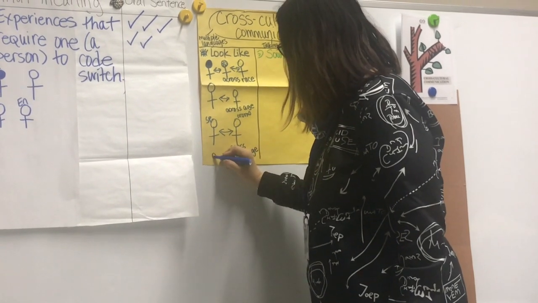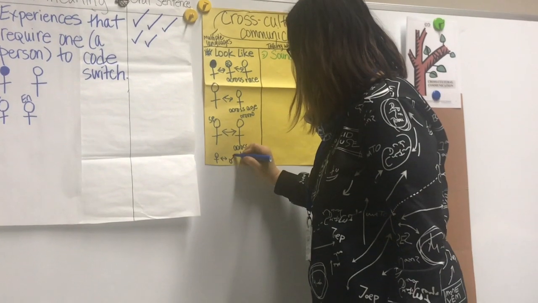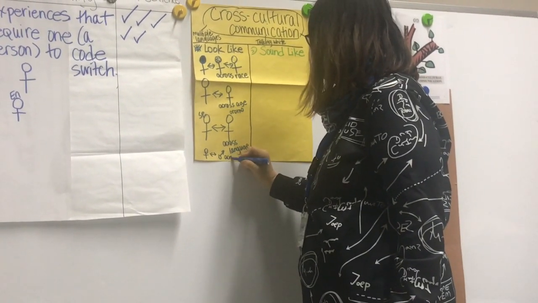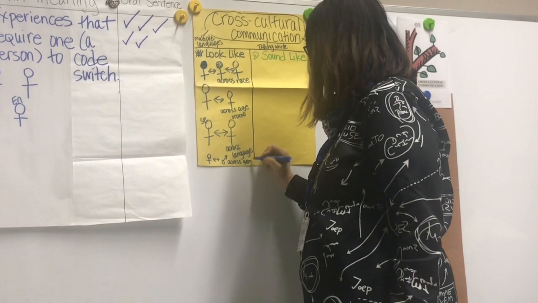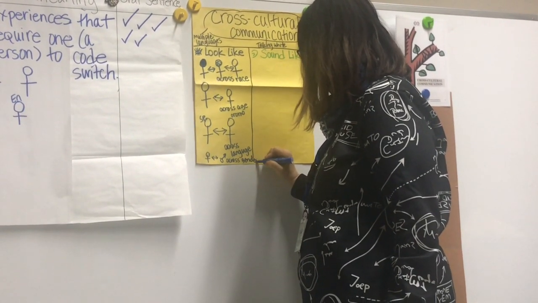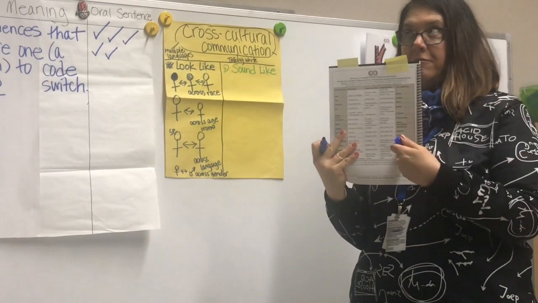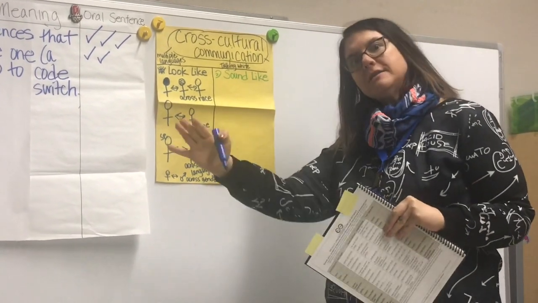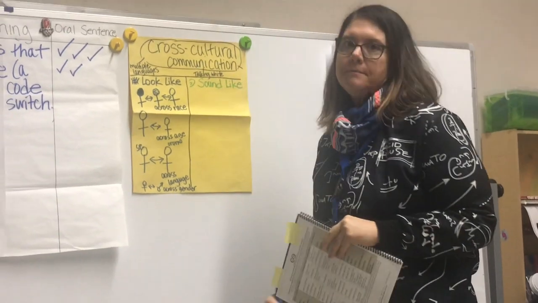Could also be across gender. Because our socially constructed identities have a language that goes with them. And so when we talk across those identities, we are using cross-cultural communication.